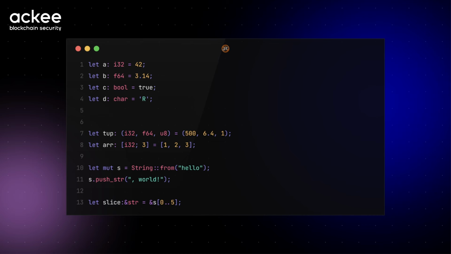In this case, if we have a look at the hello, that means 0, 1, 2, 3, 4. So the slice will be an immutable view on the hello word, not the world that's also appended to the string. So hopefully this is clear for you. And again, as I was talking about the playground, you can try this, you can play with this in the Rust playground.